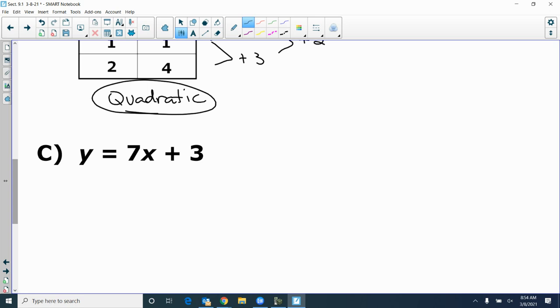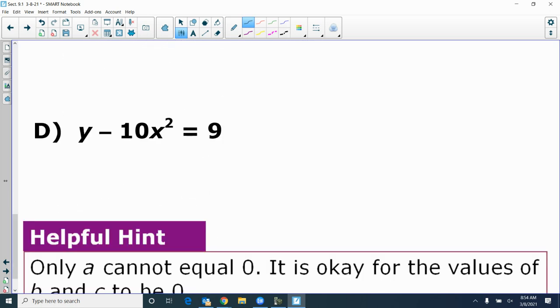So really, you should be able to tell me it's not quadratic just by looking at it. And D, y minus 10x squared, that one is going to be quadratic. The only thing you've got to watch is if something adds or subtracts to 0 and cancels out that x squared. So that'll be quadratic.